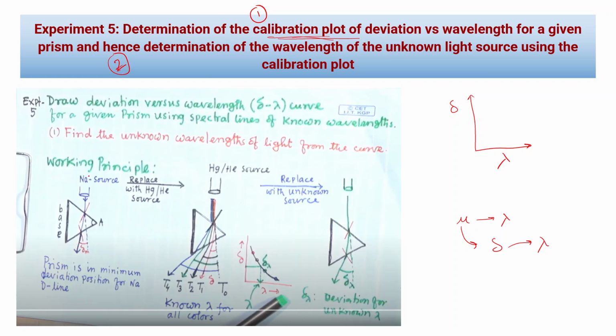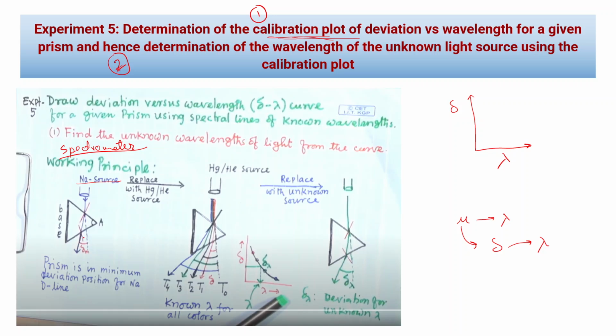In this experiment, we are again taking our spectrometer, and first we keep a sodium source. It is a yellow light source, and from the collimator we are getting collimated sodium light.